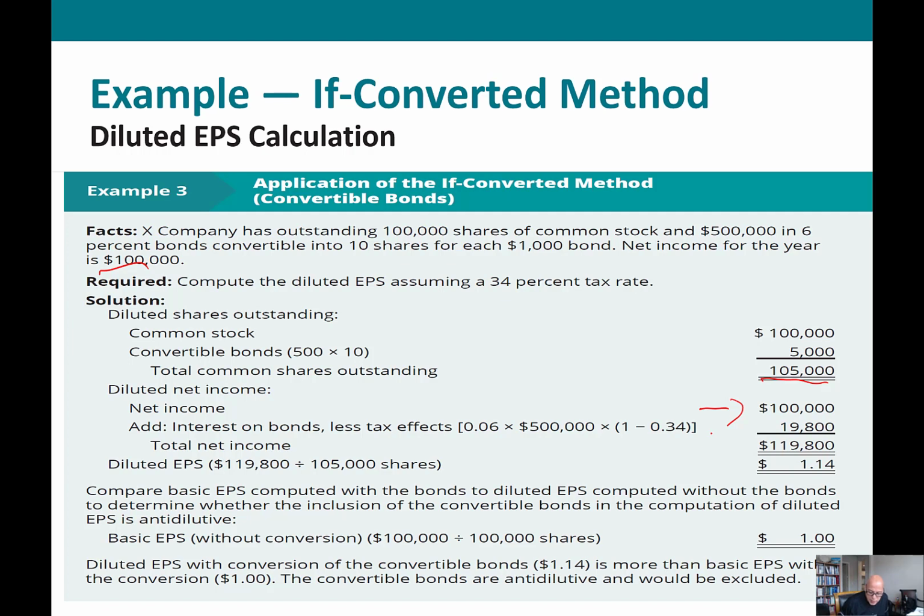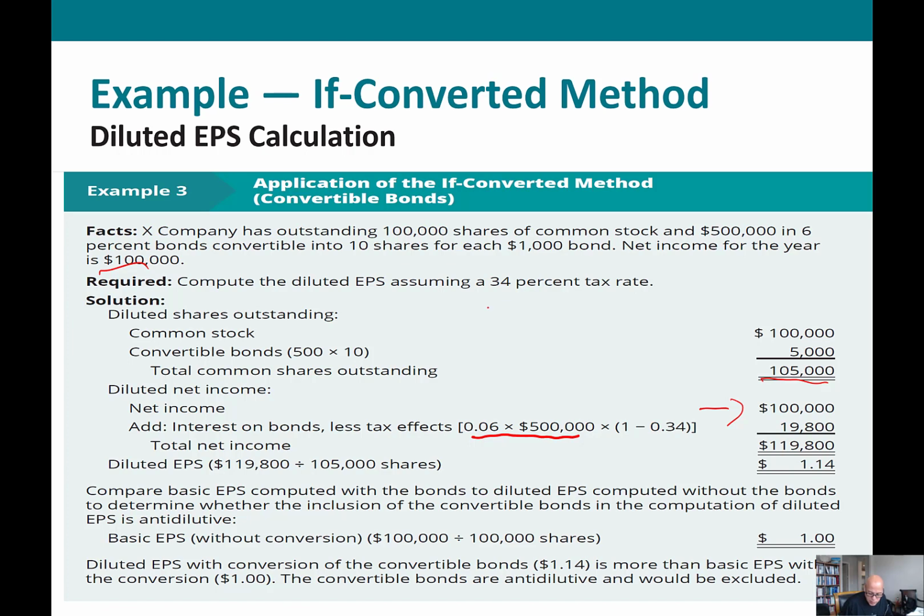So we figure out the interest expense on those 6% bonds of $500,000, which is $30,000. But if we have interest expense, we shield a certain amount of income from tax. If we don't have that expense anymore, our savings is not the entire amount of the interest. It has to be net of the tax we would now pay on that additional income, since we didn't have the interest expense anymore.